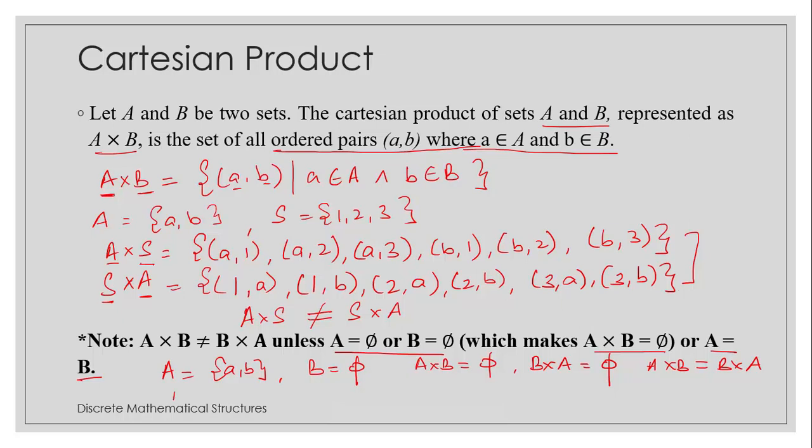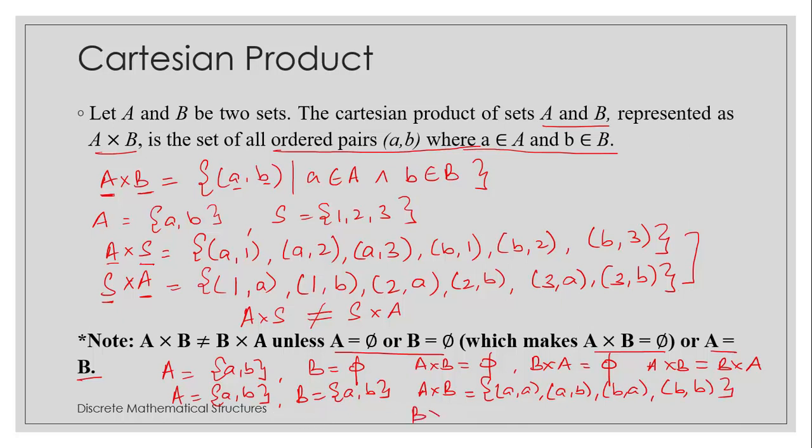Then second case is if the two sets are equal. Let's say A is equal to {a, b} and B is also equal to {a, b}. Now in this case A cross B will be equal to {aa, ab, ba, bb}.